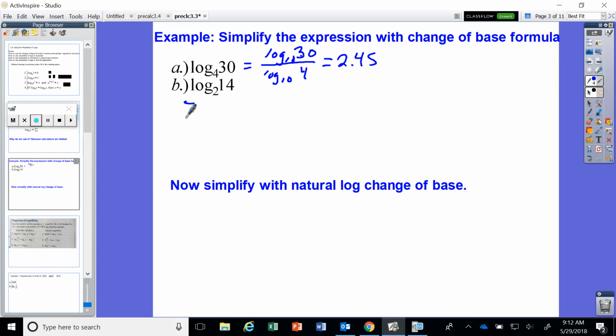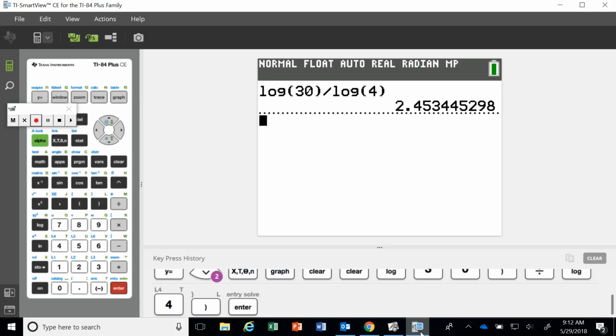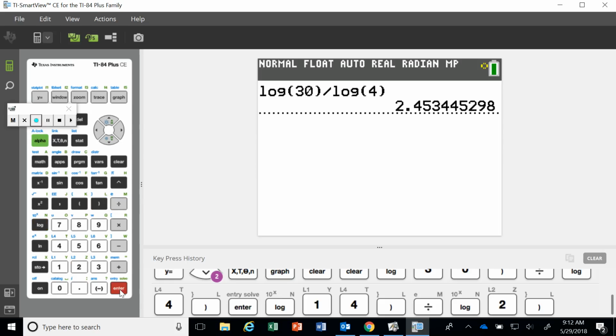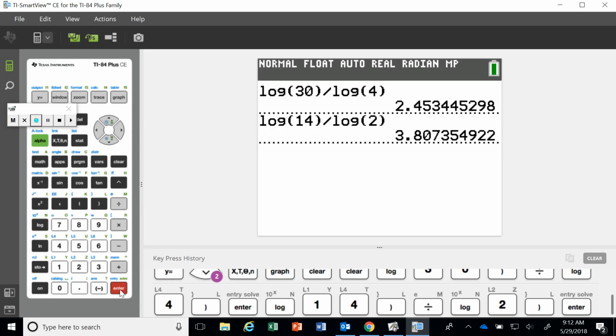For this one, log base 10 of 14 over log base 10 of 2. Once again, in our calculators, log of 14 divided by log of 2, and we get 3.81.